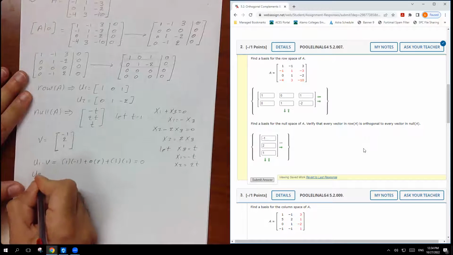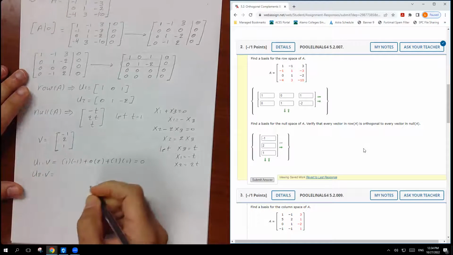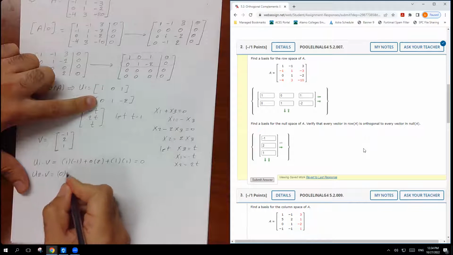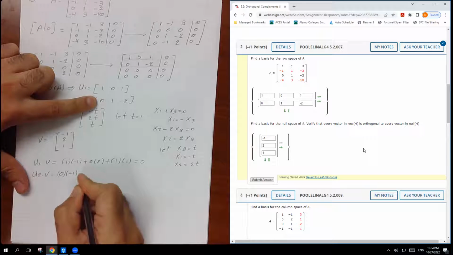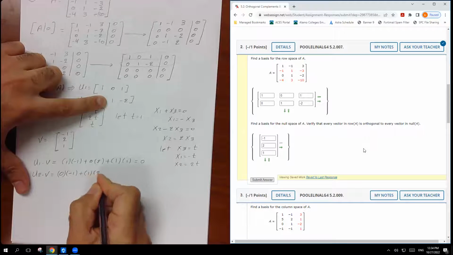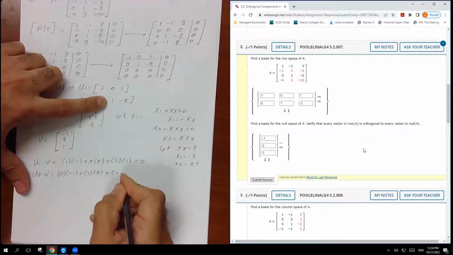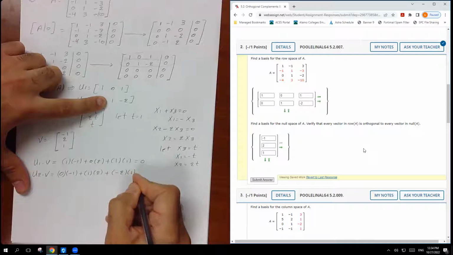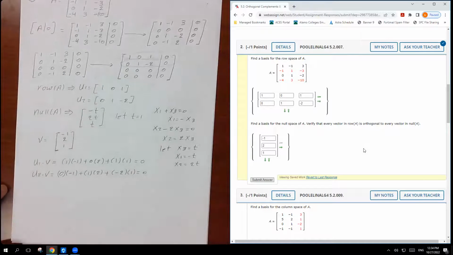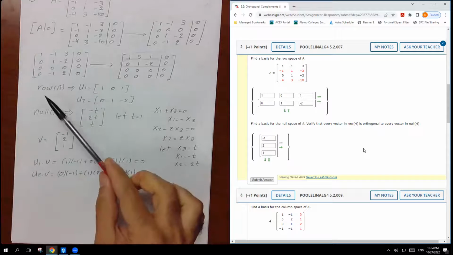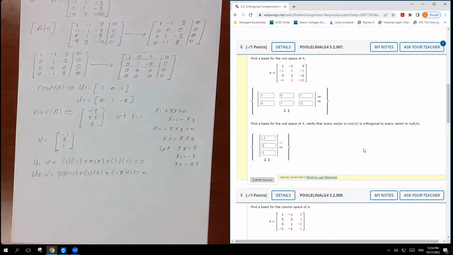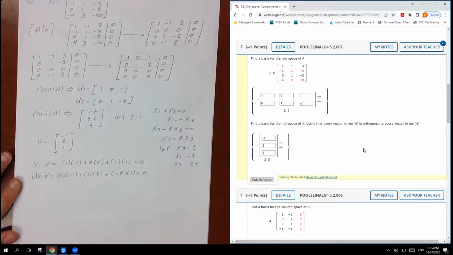And the dot product between U2 and V is 0 times -1 plus 1 times 2 plus -2 times 1, which also equals 0. So that means the row space of A is orthogonal to the null space of A, the basis. And that's the proof for that.